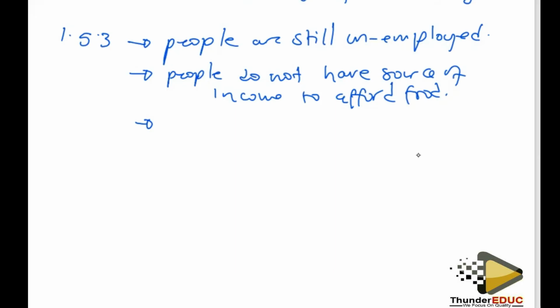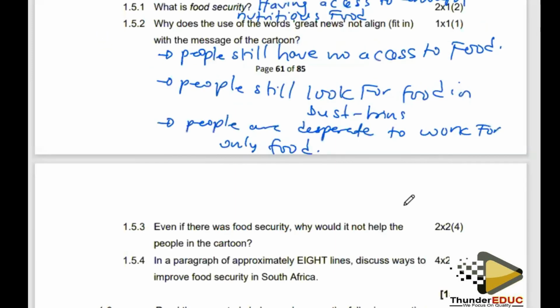Meaning, yes, there is food, but people in the cartoon are not employed, meaning they do not have money or a source of income to afford food. Let's go back to the question. It says, even if there was food security, why would it not help the people in the cartoon?